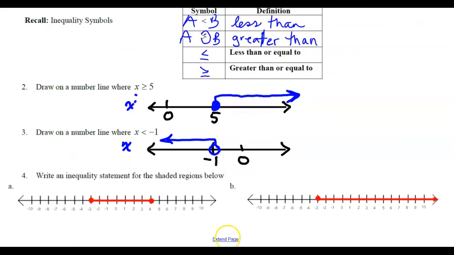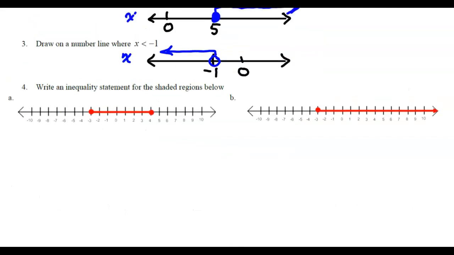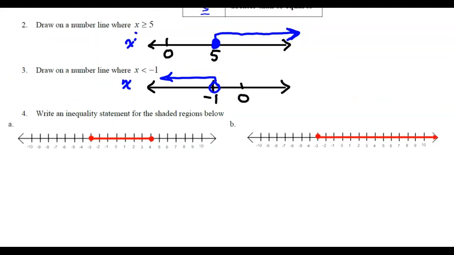Now the next ones, you can see them in red. They're not in red on yours, but hopefully you can see them filled in. We have to come up with the inequality. So if there are 2 endpoints, like there is here, then I think about, okay, what are those 2 endpoints? -3 and 4. And I write them out in order with space in between.